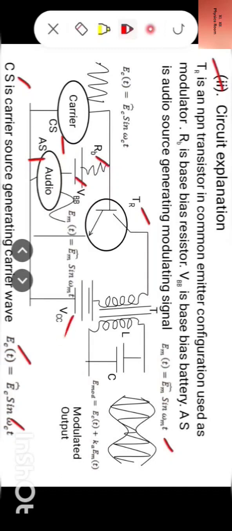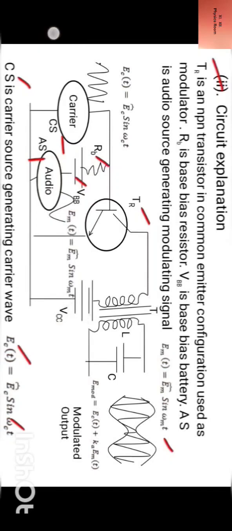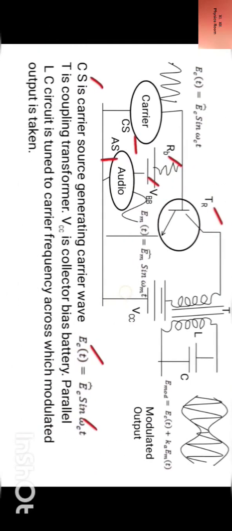T is coupling transformer. VCC is collector bias battery.